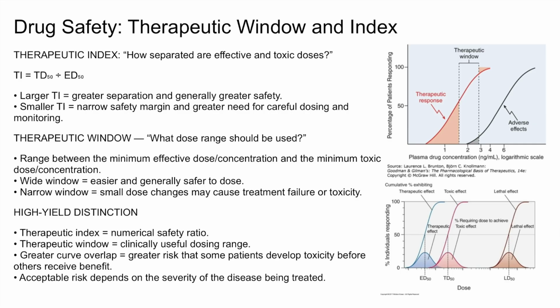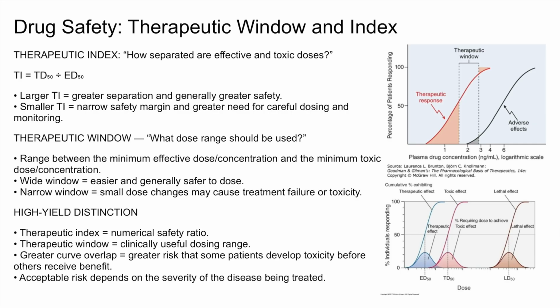A small therapeutic index indicates that careful dosing and monitoring may be necessary. The therapeutic window is the clinically useful range between the minimum effective concentration and the minimum toxic concentration. A wide window makes dosing more forgiving. With a narrow window, a small change in dose, drug interaction, or altered kidney or liver function may cause treatment failure or toxicity.